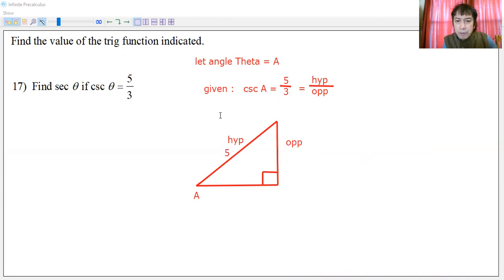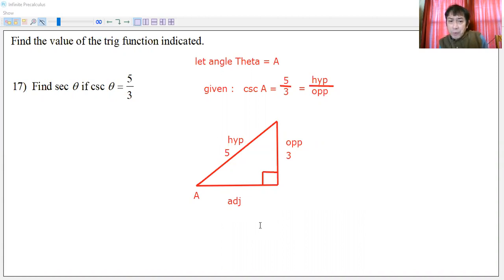The length of 5 is this, and the length of 3 is this. So we don't have the adjacent side, which is right here. That's the adjacent side.